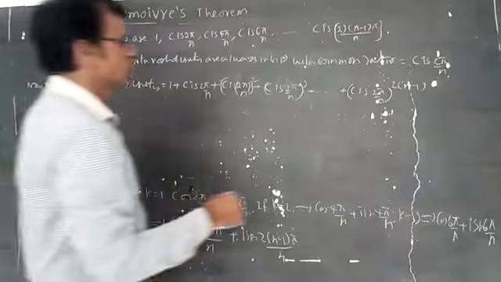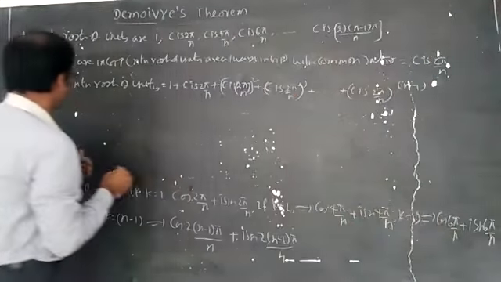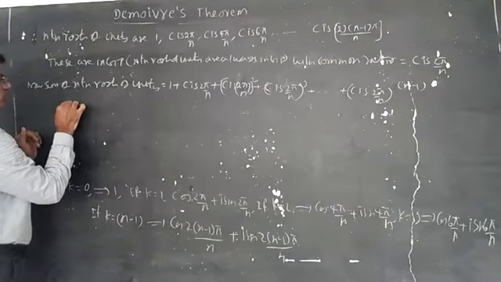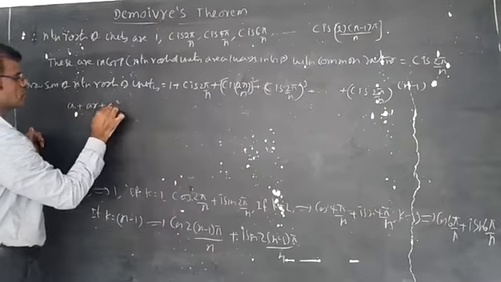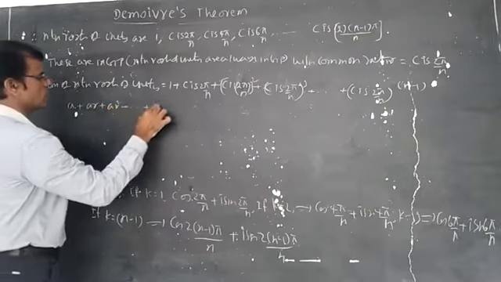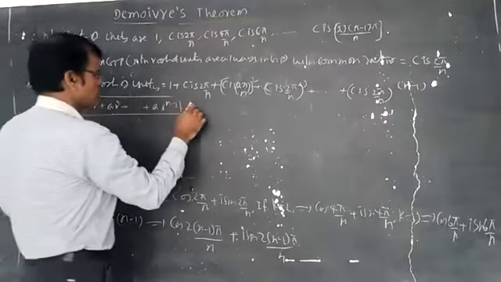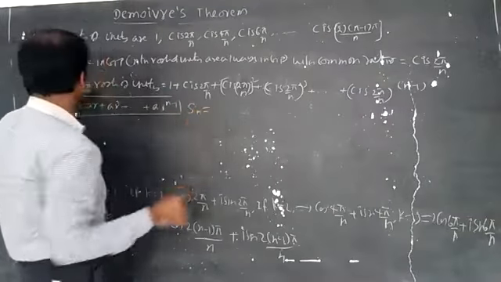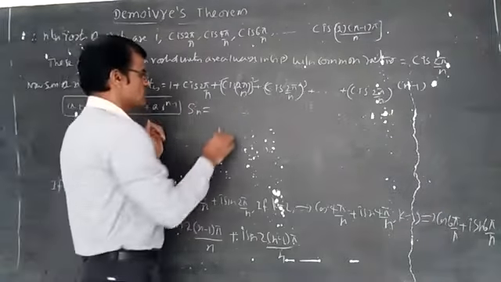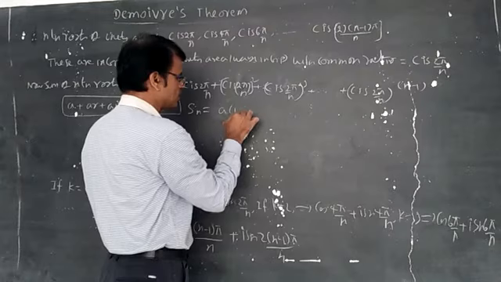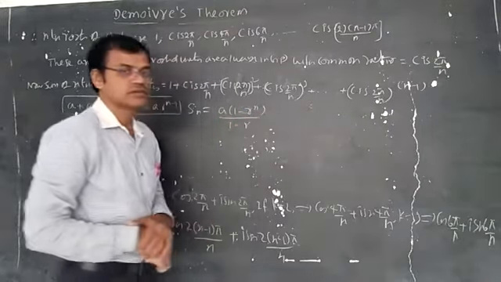Now, it is simply of this form. Remember this: a plus ar plus ar square and so on, up to ar power n minus 1. For the sum of nth roots of unity, I am discussing the summation formula a into 1 minus r power n by 1 minus r.